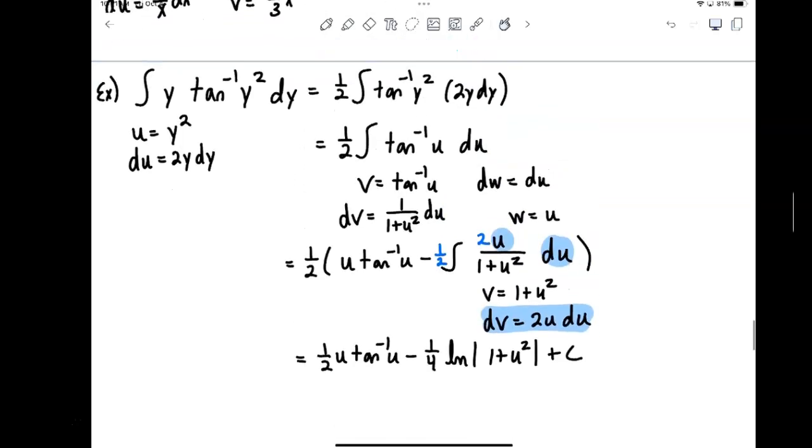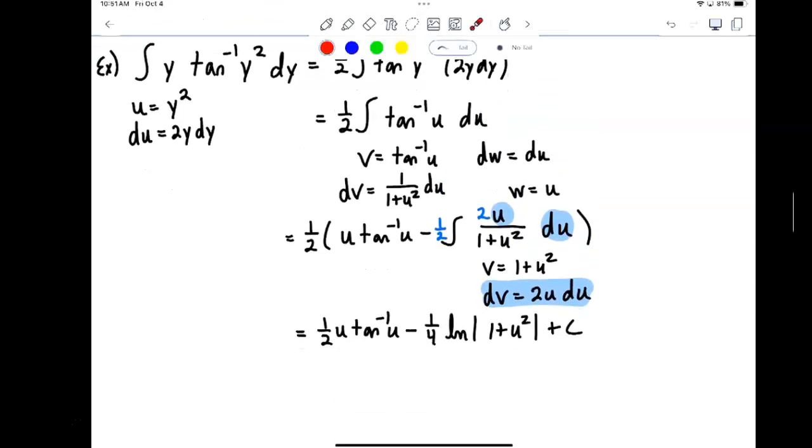So this stuff that we've worked out here, that's the antiderivative of 1/2 inverse tangent of u. So take away the 1/2, multiply these things by 2, and you actually have the antiderivative of inverse tangent. But that's not what we wanted here. We wanted this in terms of y. So we go back and substitute in for u equals y squared.